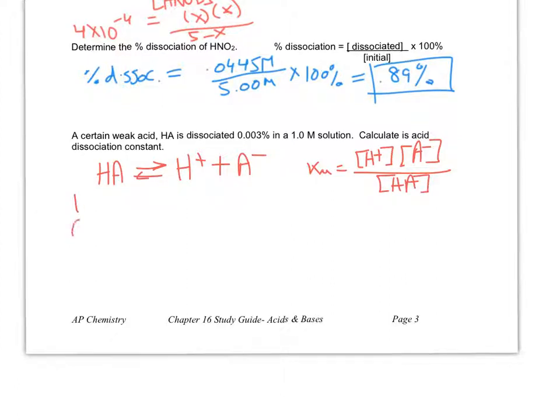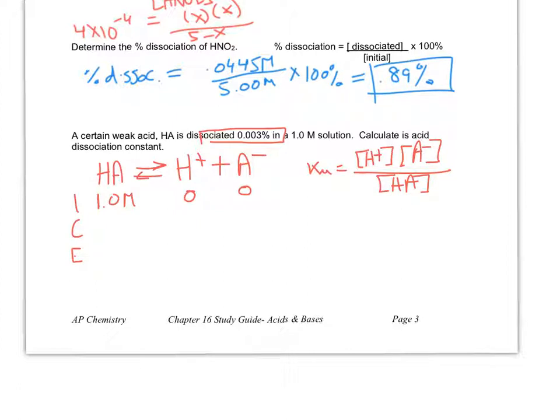And let's start an ICE chart here. We know that this is 1 molar, 0 and 0. Now I am given another number. It's not my Ka, it's not my pH, it's the percent dissociation. So it's telling me that 0.003% of it dissociated.